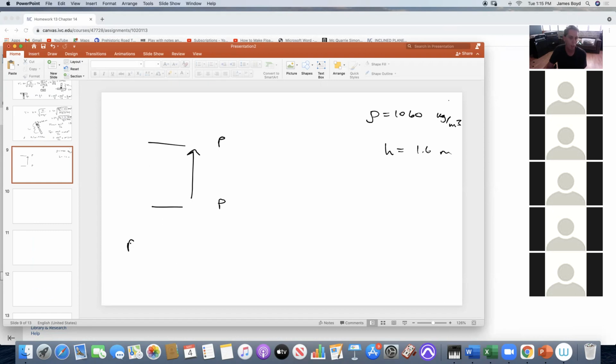So remembering Bernoulli's equation, with only the hydrostatic terms, the gravity and the static pressure, assuming there's no v there. We want the change, so P2 minus P1, move that over, is density times g times h1 minus h2. And if we assume h1 is 0, then h2 is 1.6.